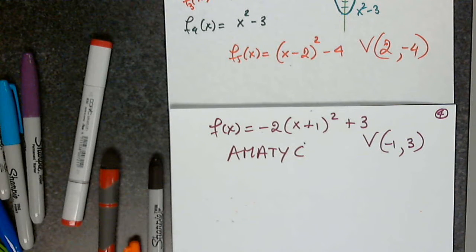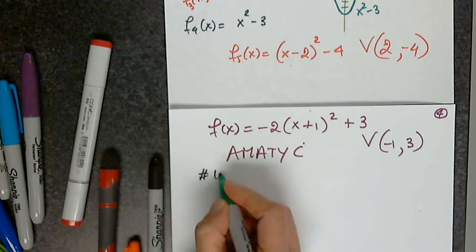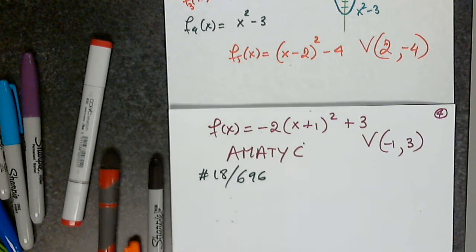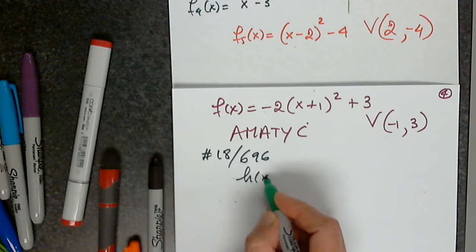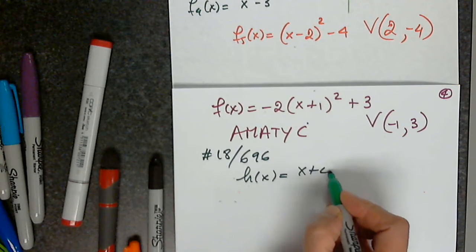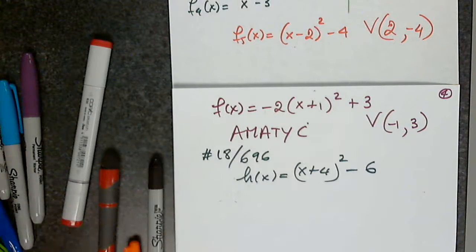Okay, so let's go back. Where was I? Okay, all these problems are on page 696. So let's start with, let's say, 18. We're given h of x equals x plus 4, everything squared, minus 6. The problem is asking us to graph, and of course I will put that list of 6 items that you have to present.